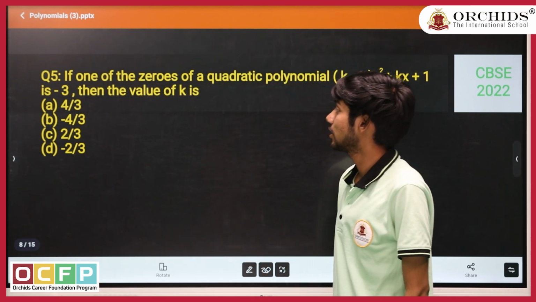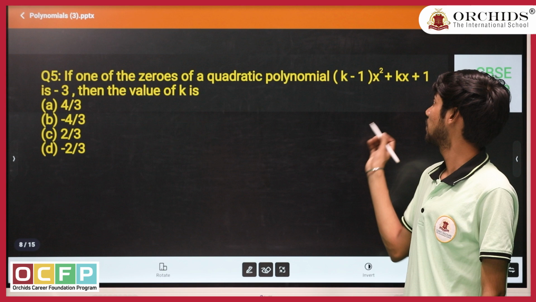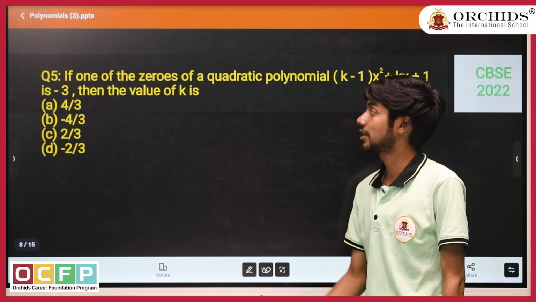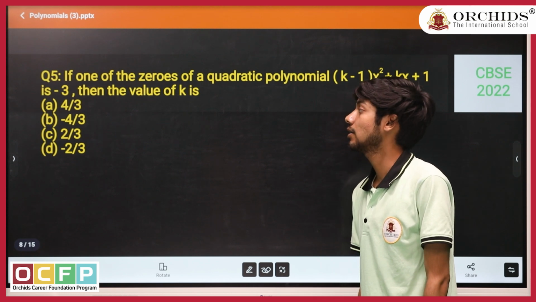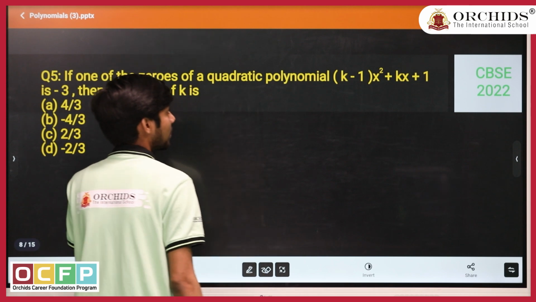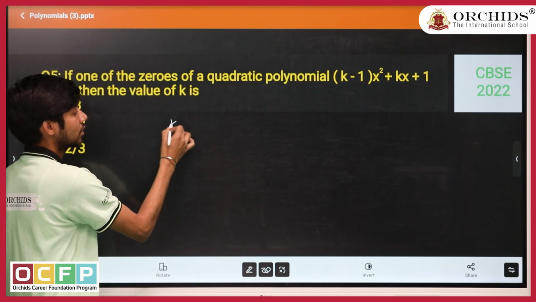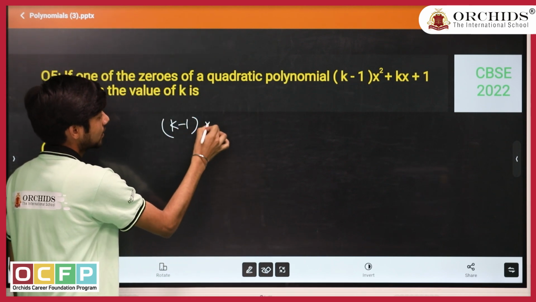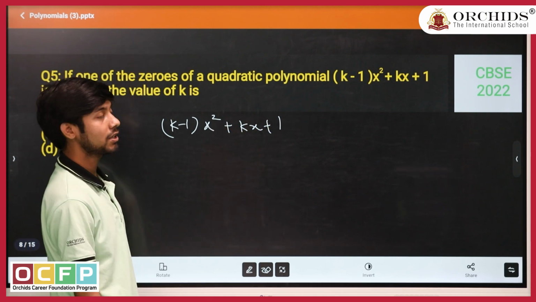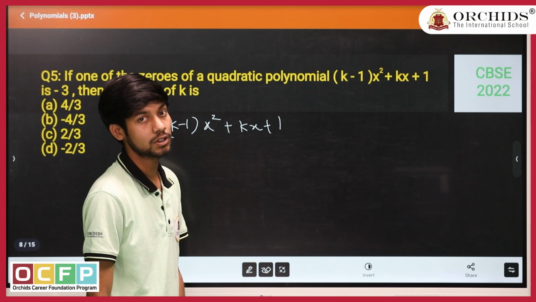So the question is, if one of the zeros of the quadratic polynomial (k − 1)x² + kx + 1 is −3, then find the value of k. Options are also given. So the same concept will apply. What polynomial is given? (k − 1)x² + kx + 1. And in the question it is saying −3 is one of the zeros of this polynomial.